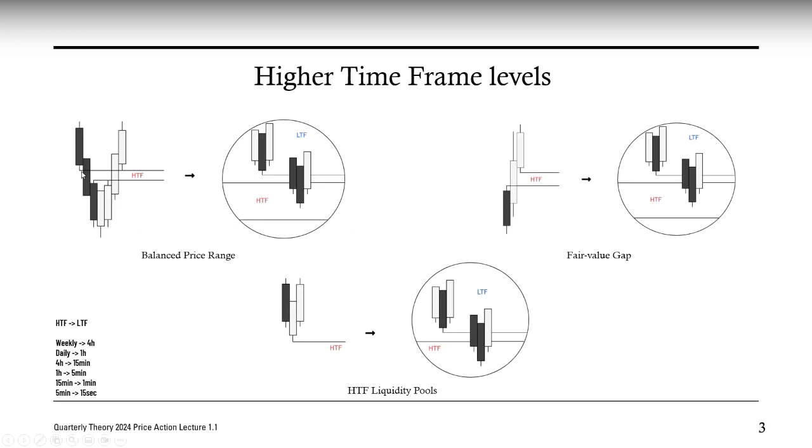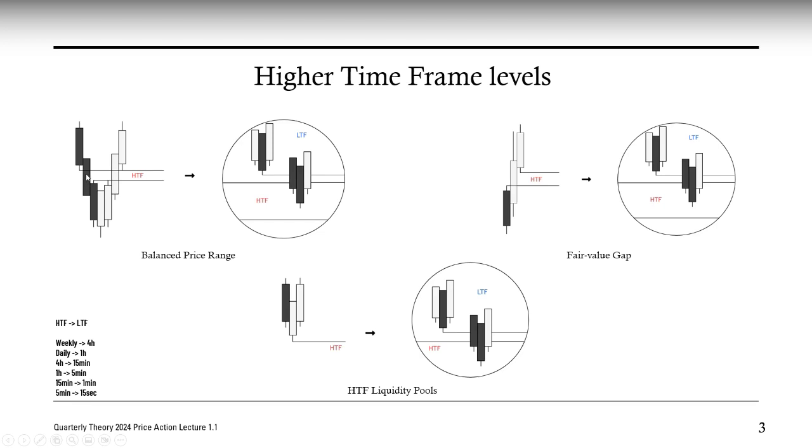So you have this wick and then the candle to the right of it has no wicks, right? This is an unbalanced liquidity, right? If this wick met with this, then it would be balanced price action.